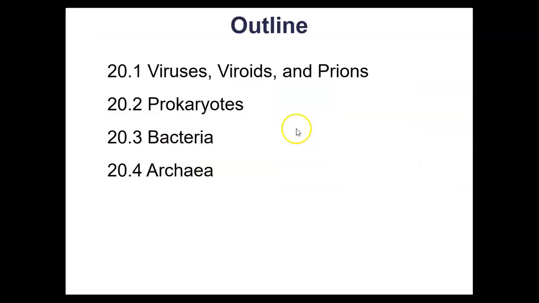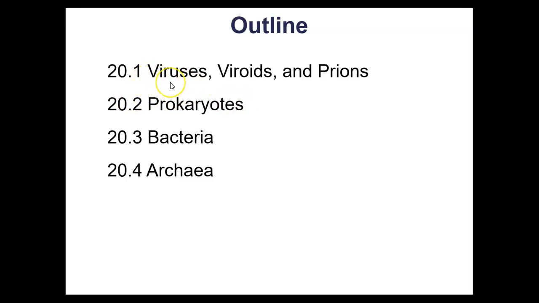I did want to say, though, that there is a lot of information in this chapter since it's on all microorganisms or microbes, besides the microbes we call protozoans, because they are larger.